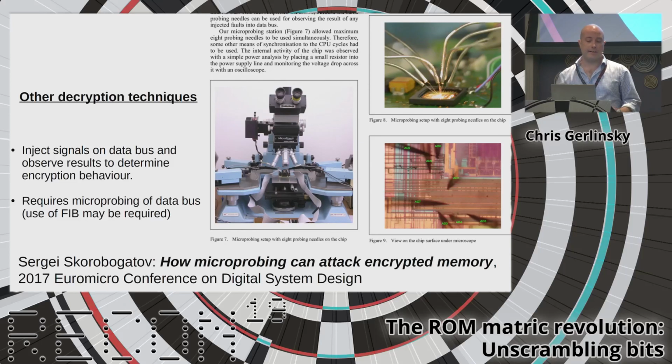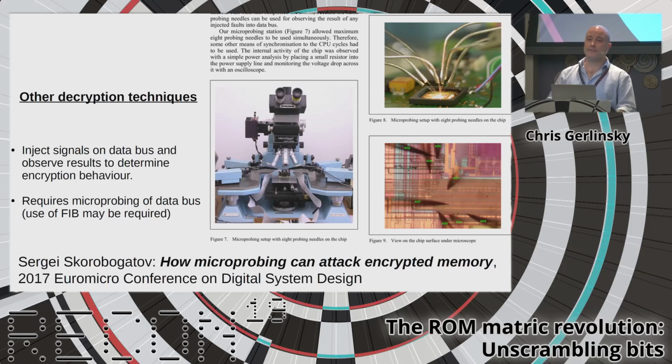So some other techniques besides the way that I've done it. This is a paper from Cambridge University using microprobing on the data bus. In this case, they extracted the ROM bits, which were scrambled, and then after that, they probed directly onto the data bus of the chip with needles, and they injected signals inside of the chip.